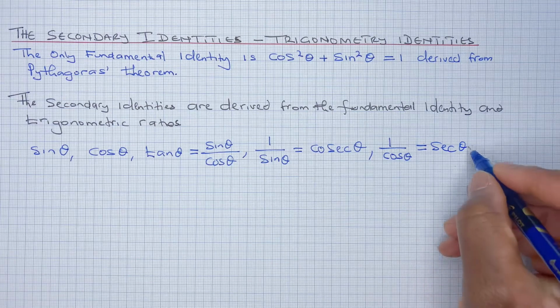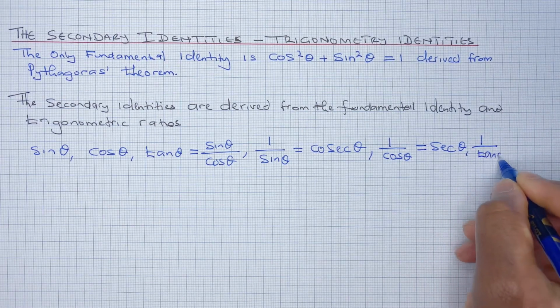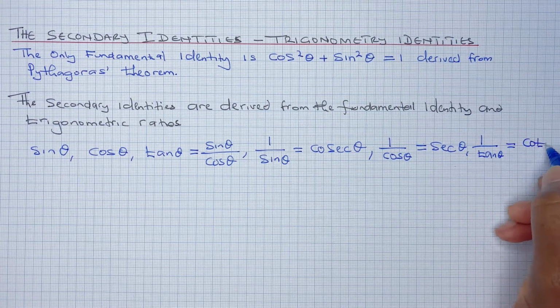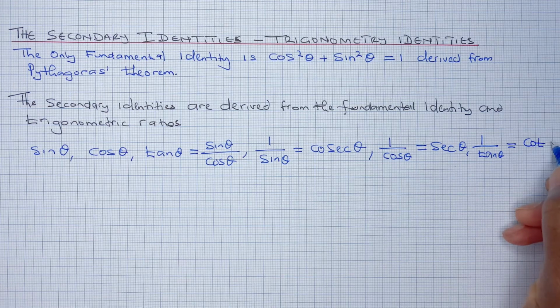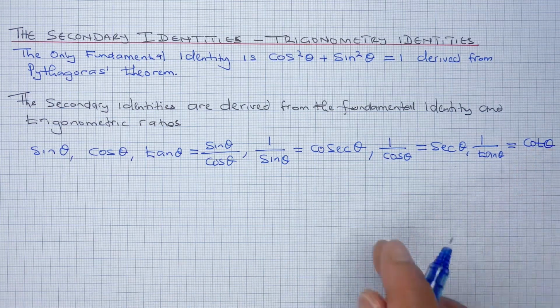And finally, you get 1 over tan theta, and that becomes cot theta or cotan theta.